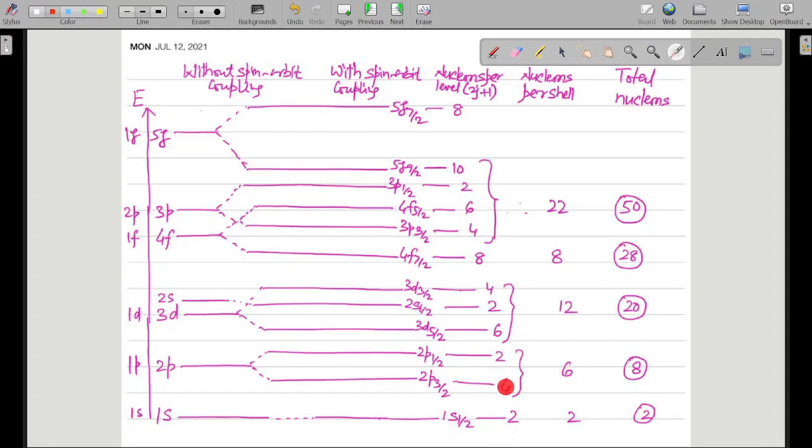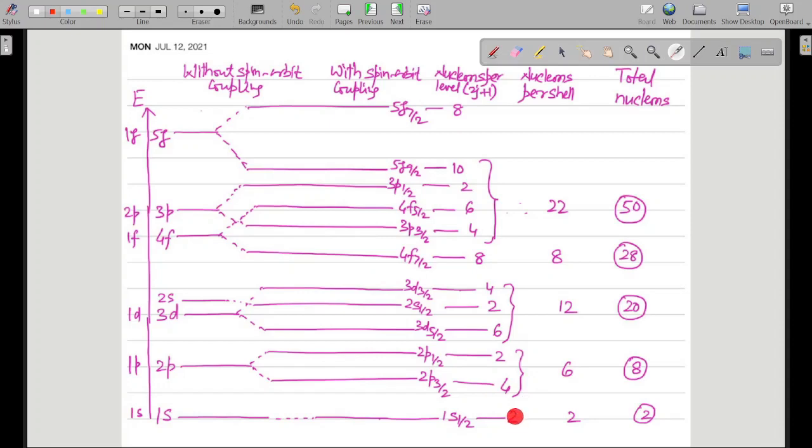Then there will be 4 splittings, 2j plus 1 equal to 4, so 4 mj values are possible, and each mj value will have 1 electron. Not electron, nucleon. Sorry, I might have said electron somewhere, but we are talking about nucleons. Please remember that.